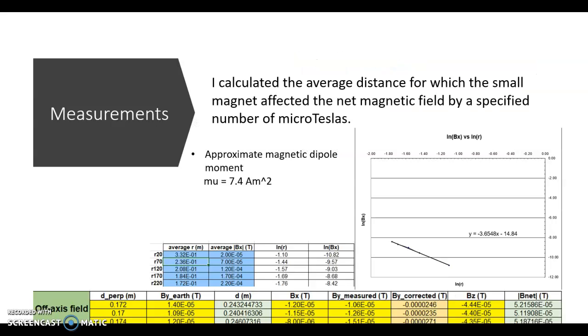So in order to find this constant, we did a lot of measurements, a lot of trials where we would have the magnet on axis with the sensor in our phones, and then also 45 degrees off axis and perpendicular in order to determine the change in the magnetic field overall. So then by taking the ln of this magnetic field component in the x direction and then the natural log of the distance, we could then find the constant as mentioned previously in that equation.